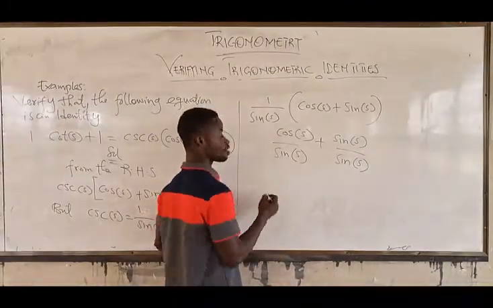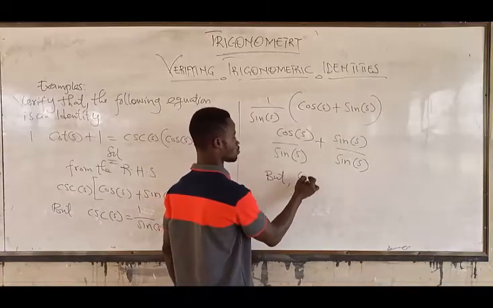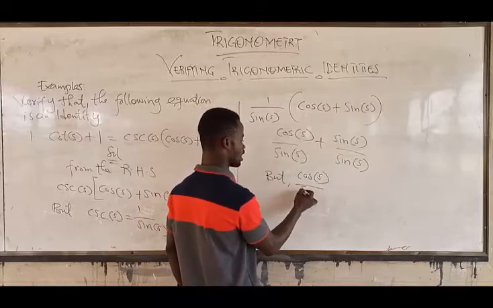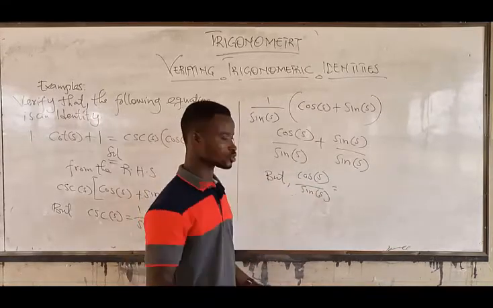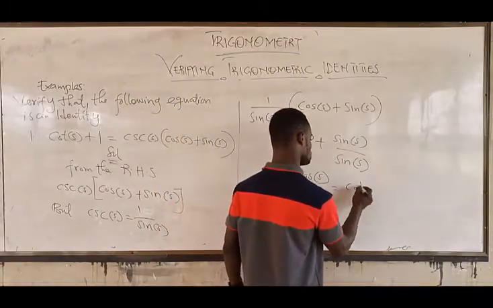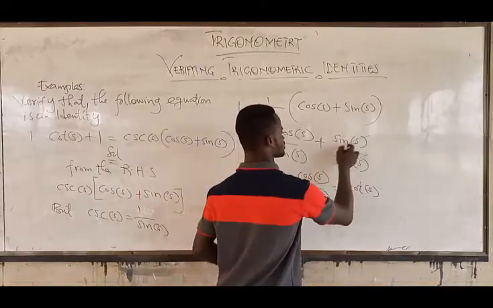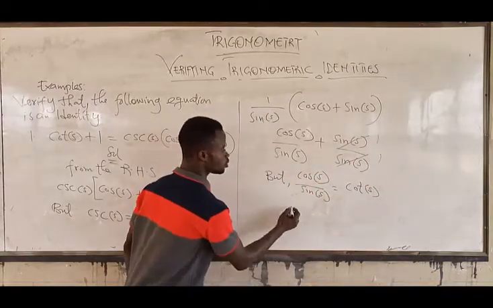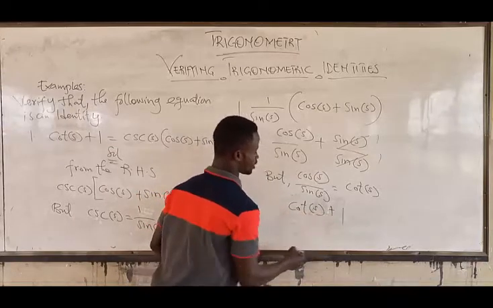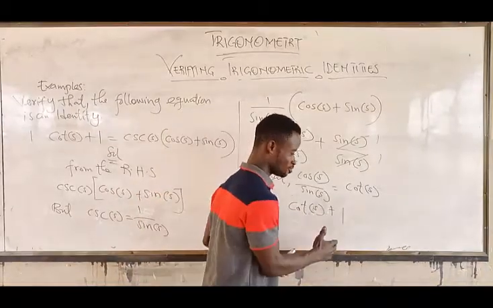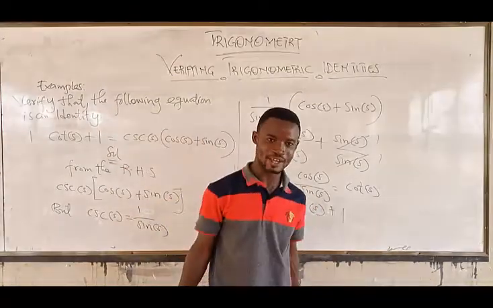You have to know the reciprocal identities. Here cos x over sine x is equal to cot x. And this cancels this one. So we get cot x plus 1. The same thing.